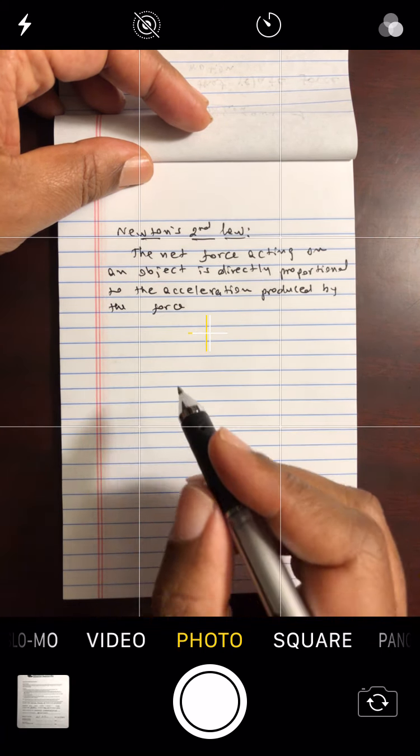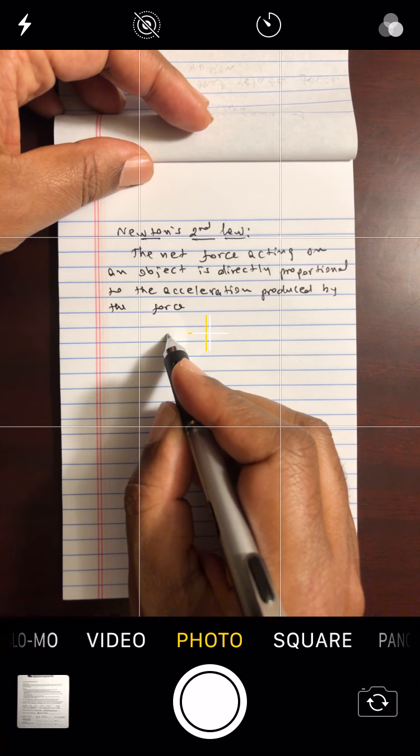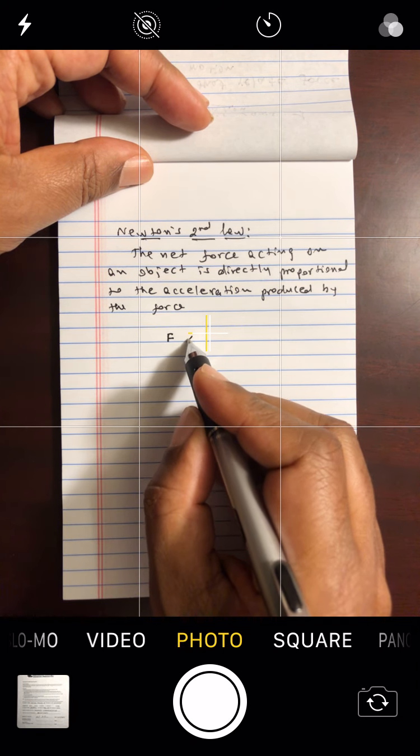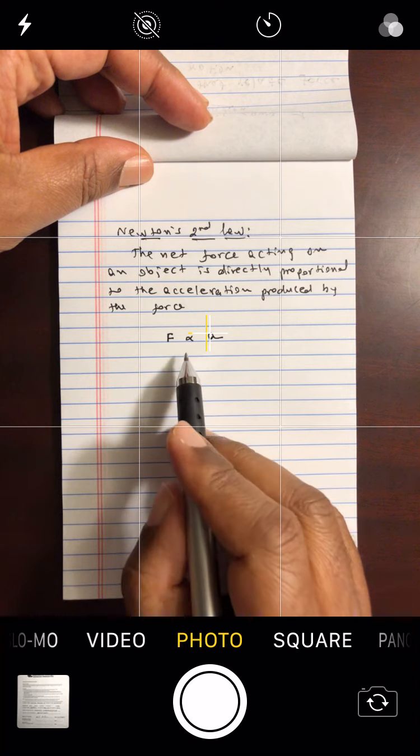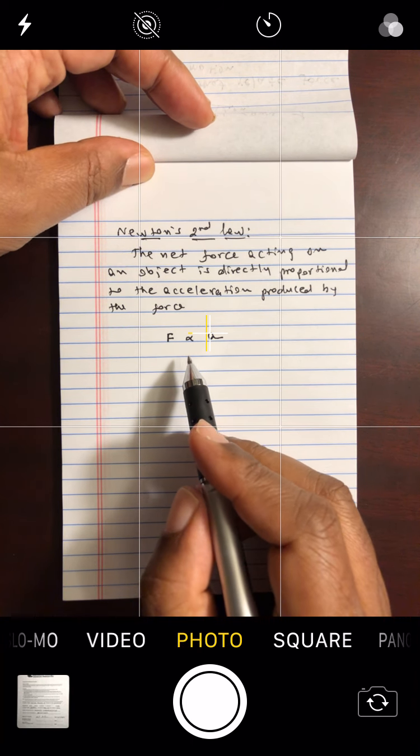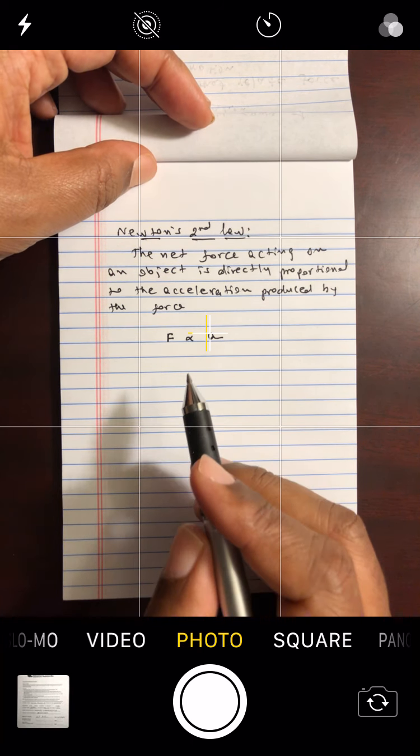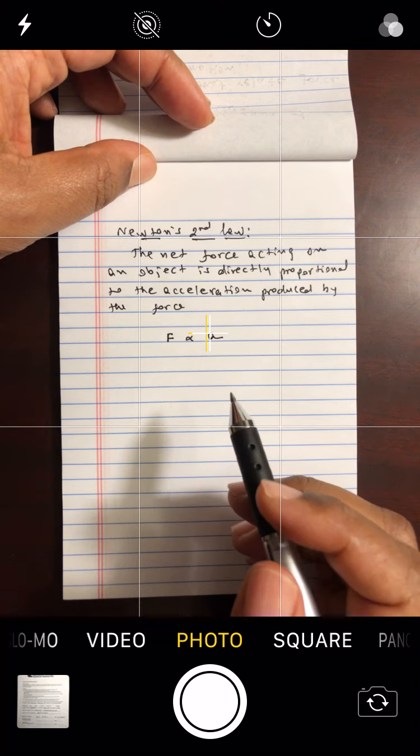Okay, so mathematically we're saying the force acting on an object is proportional to acceleration. It's a symbol of proportionality. And the mathematical implication of proportionality is that the ratio is a constant, you see?